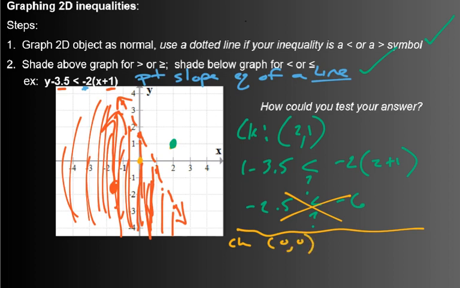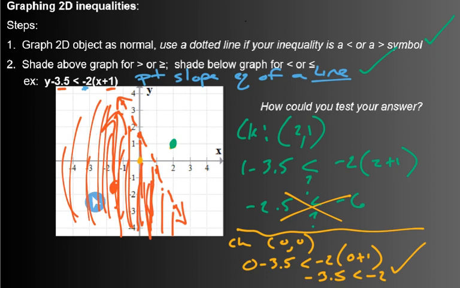If you plug in 0 minus 3.5, it should be less than negative 2 times 0 plus 1, which basically just says negative 3.5 is less than negative 2, which is good. So that means that this point in here actually should be part of the answer.